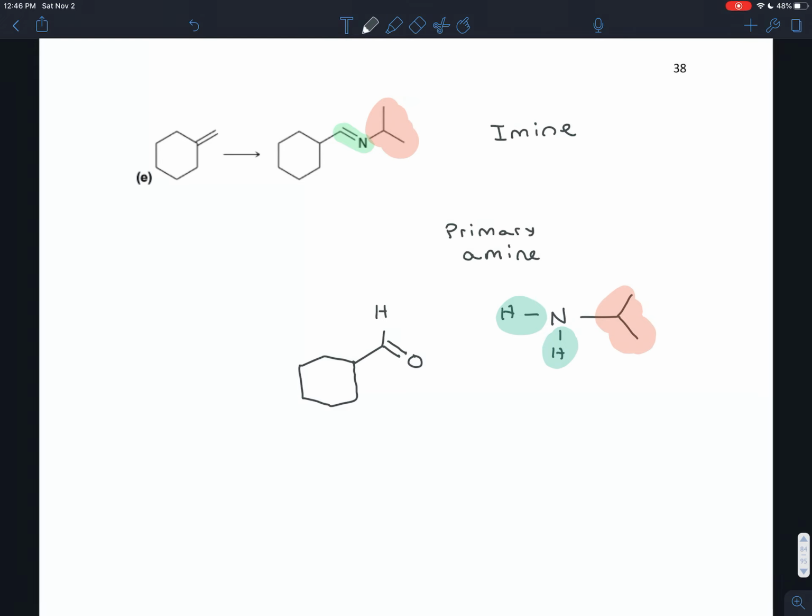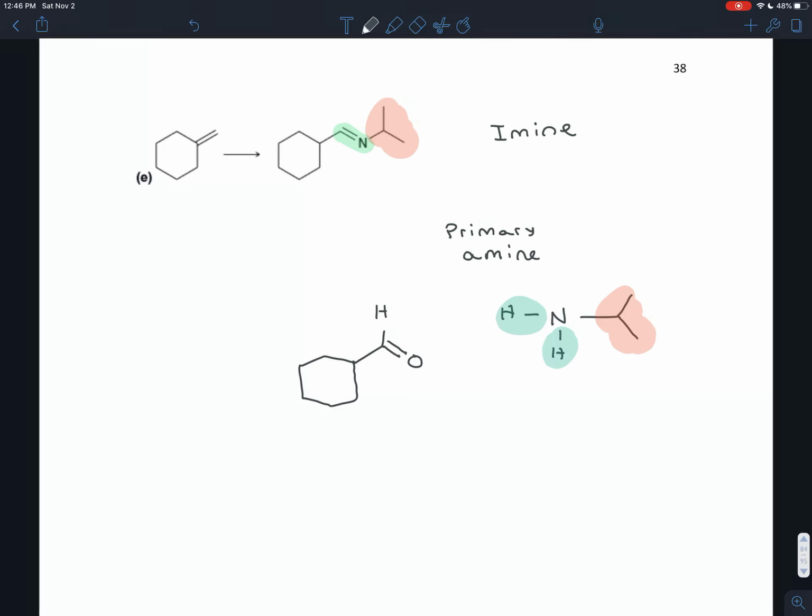Okay, well, when you compare our original starting material to the aldehyde that we need, what you'll notice is that an element has been added on to the molecule. There's still the same number of carbons, but you've added an element onto the molecule, and that element is an oxygen.